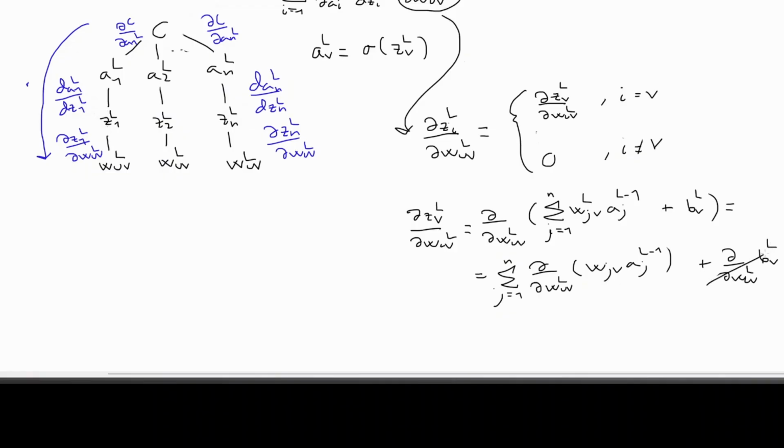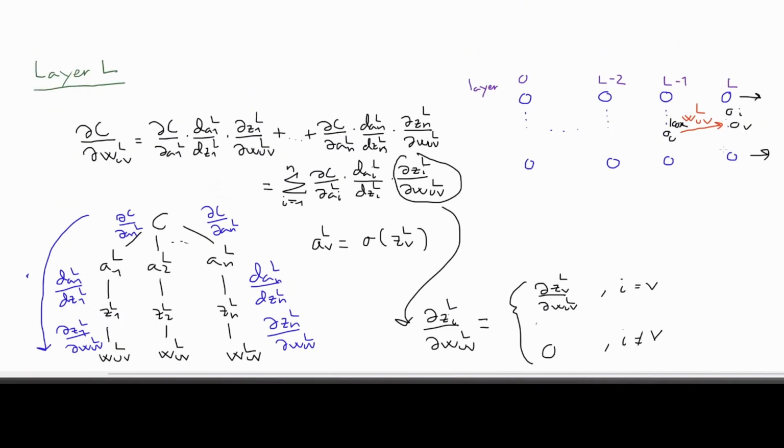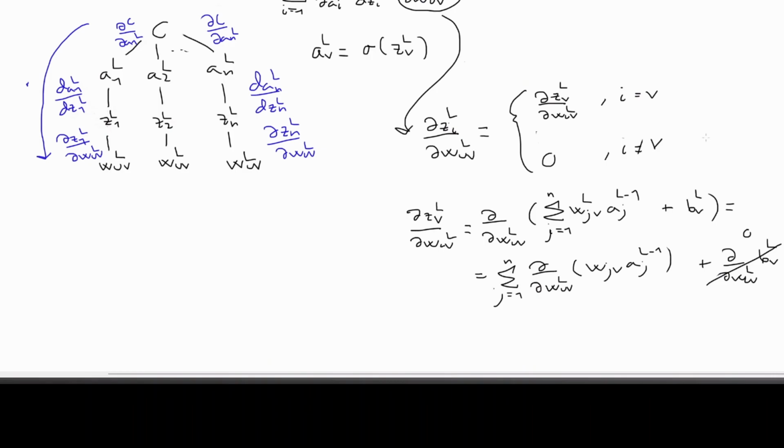This term just cancels to zero because our bias term at neuron v is not affected by the weight. They're two completely separate network parameters, and we change them independently.